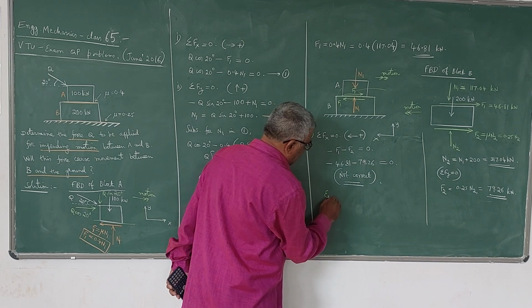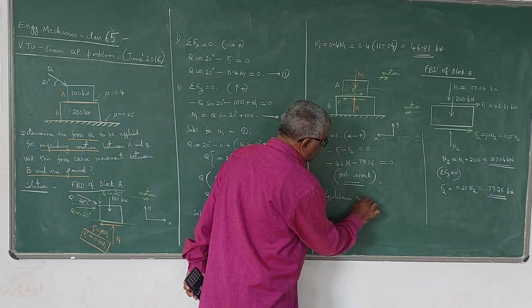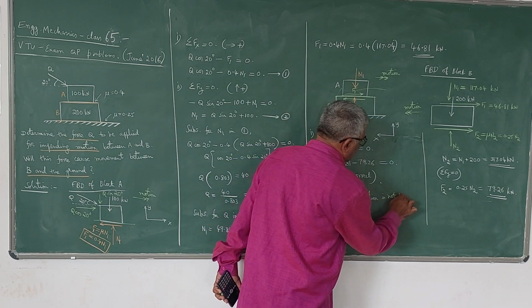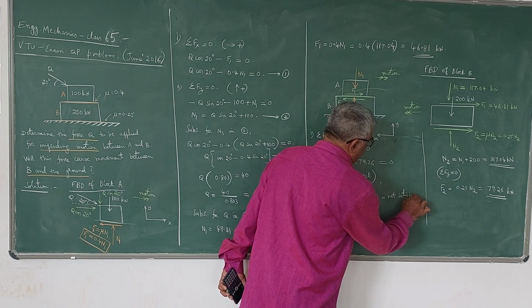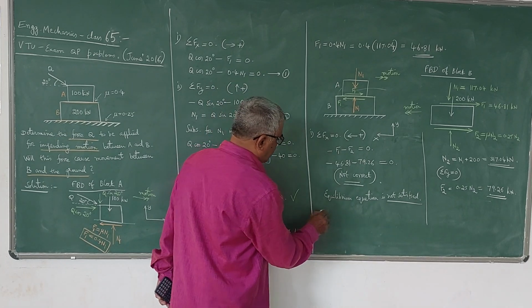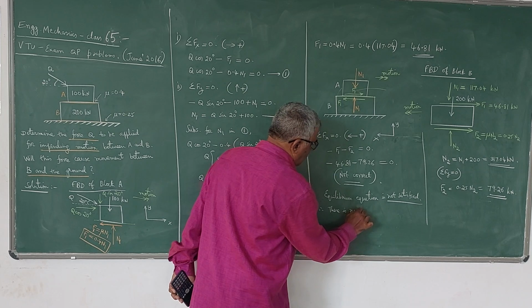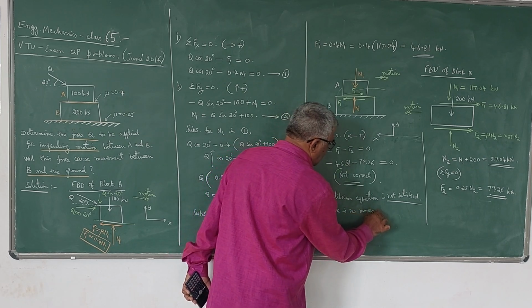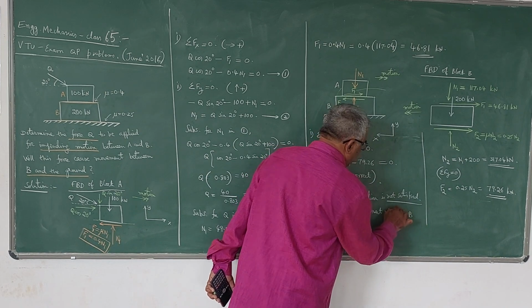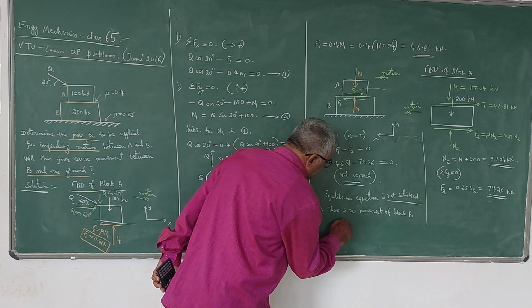So equilibrium equation is not satisfied. Therefore, there is no movement of block B. There is no movement of block B on the ground.